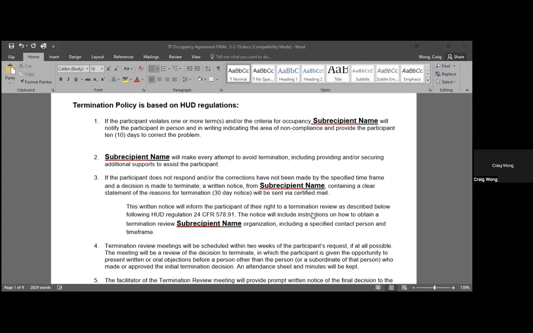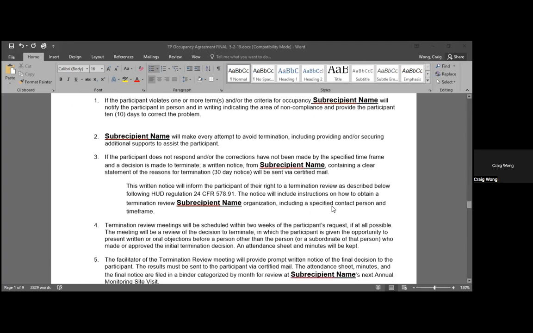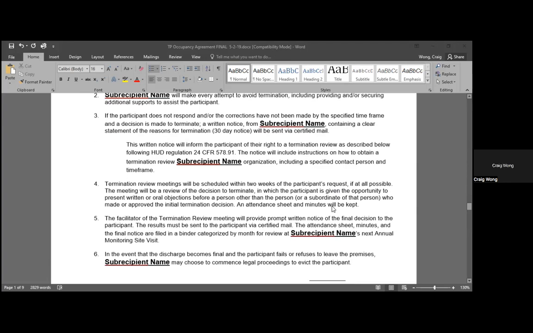Hopefully, we'll never have to get to this point, but there are instances where, due to the participants' behavior or guidelines or things that they feel they need to do, it needs to escalate towards a termination. And so prior to them coming into the program, this needs to be discussed with them. What are the termination procedures? 30 days notice, the specific HUD guidelines.